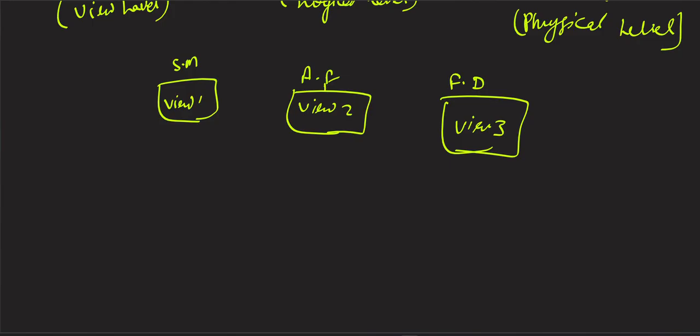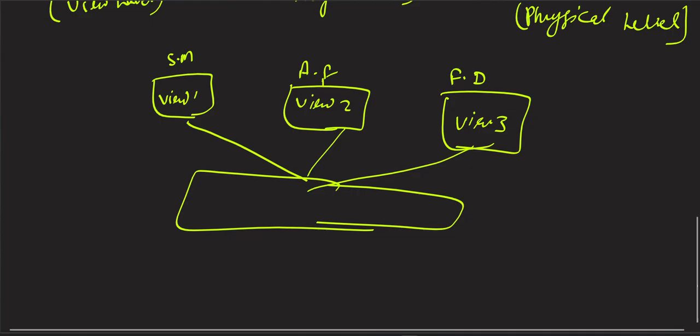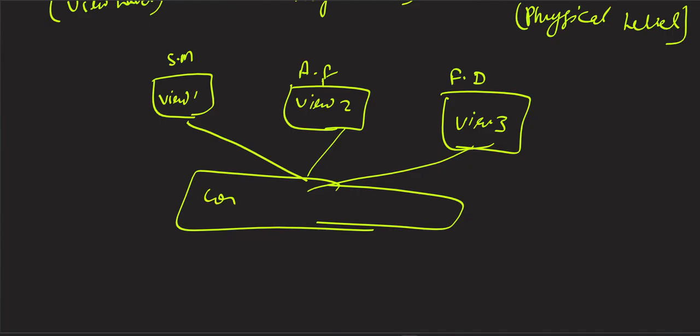After this, these are all connected by the conceptual level. Conceptual level means entities of the university database, like student, course, faculty, and all. Your entire university database will be stored here only.